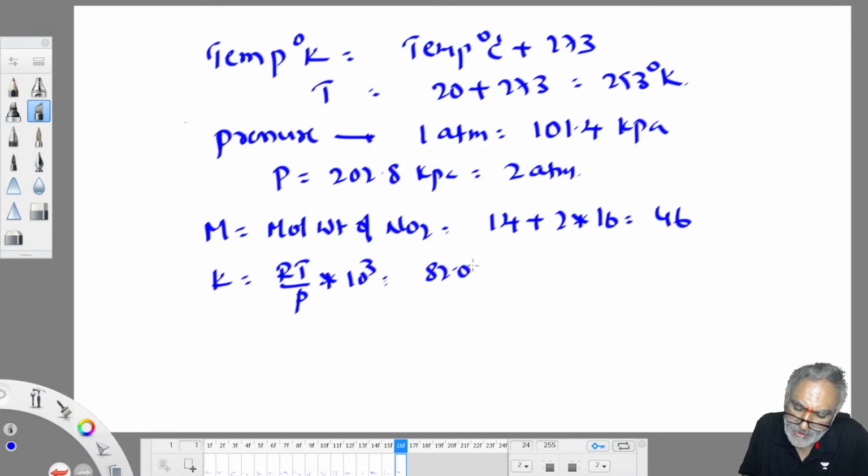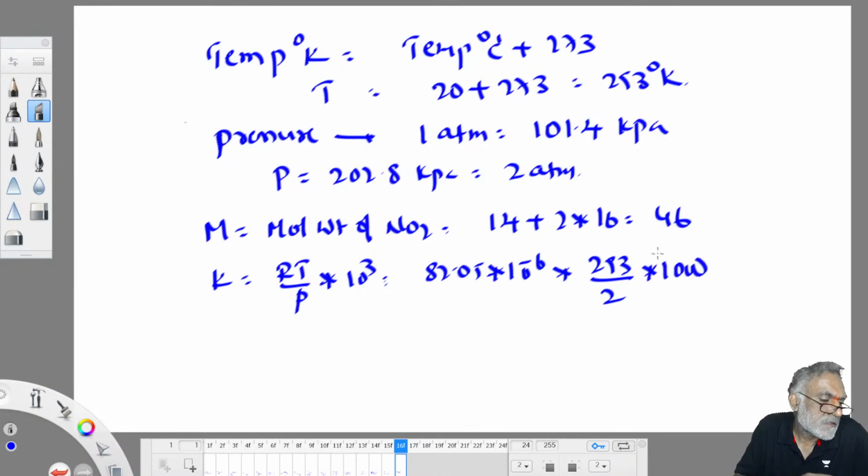So R is 82.05 into 10 power minus 6 into 293 by 2. Come on, work out. 82.05 into 10 power minus 6 into 293 by 2 into 1000. It is 12.02. So we got K value, we got M value.